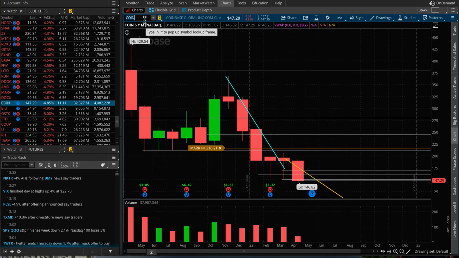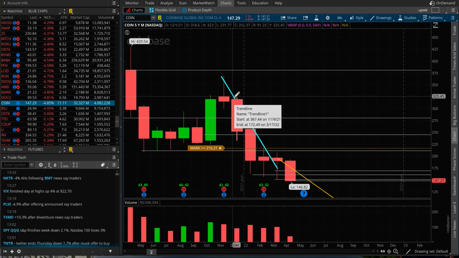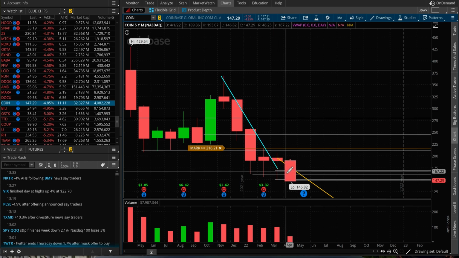And if BTC goes lower, I mean, it doesn't have to go lower. If the overall market goes lower, Coinbase can go lower. This is a monthly chart for Coinbase. If you look at the monthly chart for the past 6 months, including April, it has not been positive.